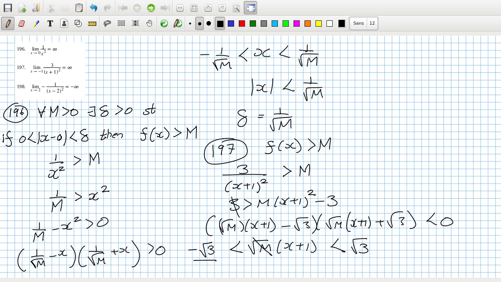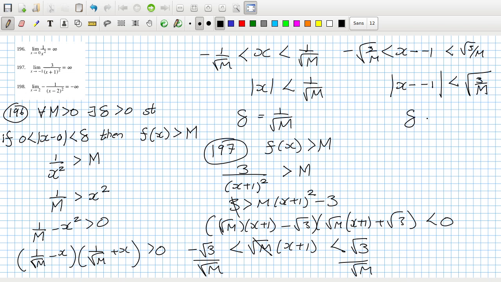So dividing by root m, then continuing up here, I'll have x minus minus 1 is less than root 3 over m and more than minus root 3 over m. So then the absolute value of x minus minus 1 is less than root 3 over m.